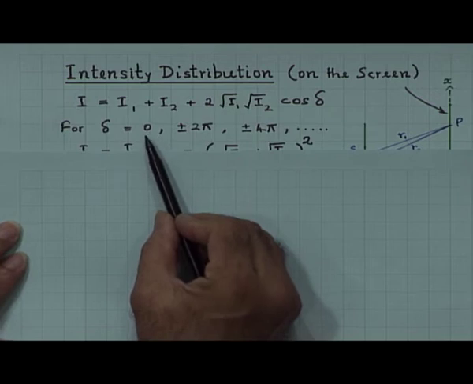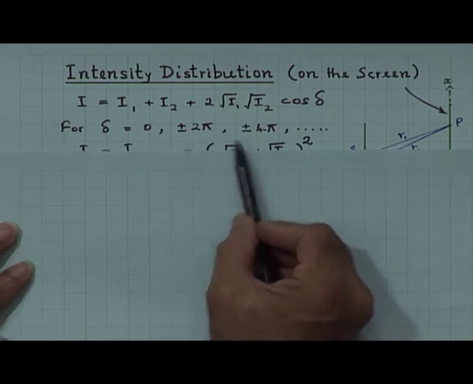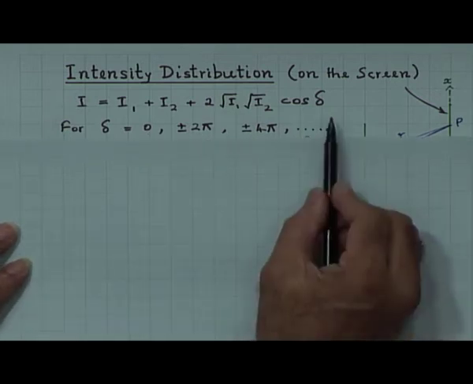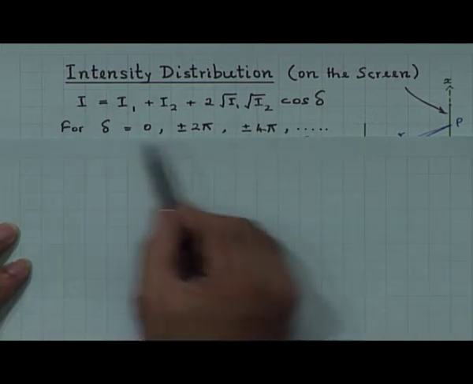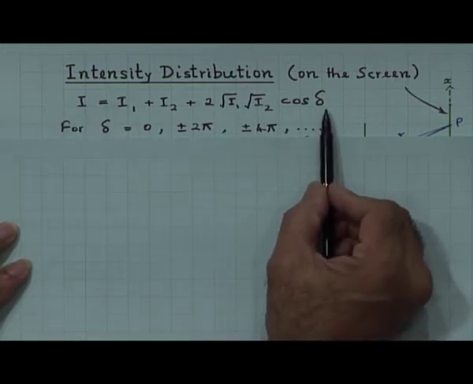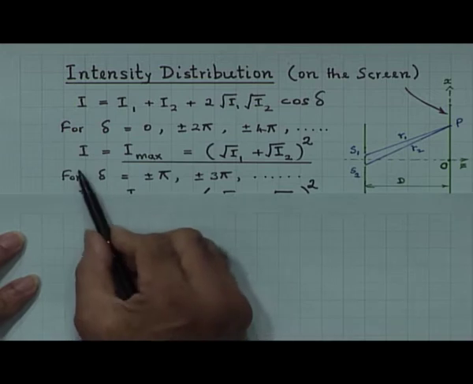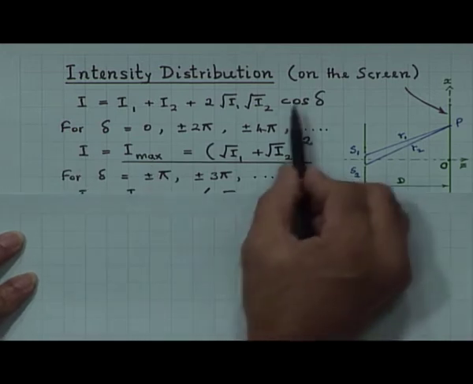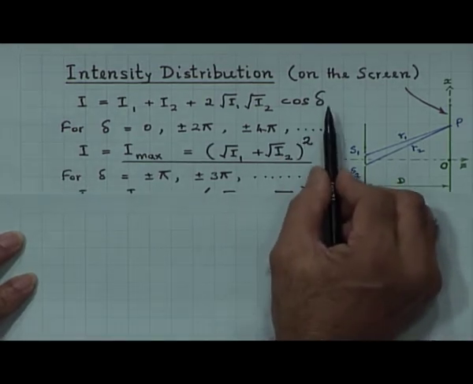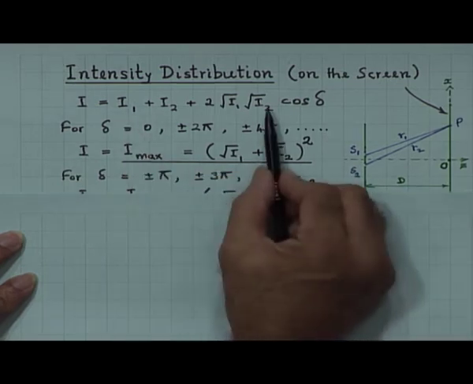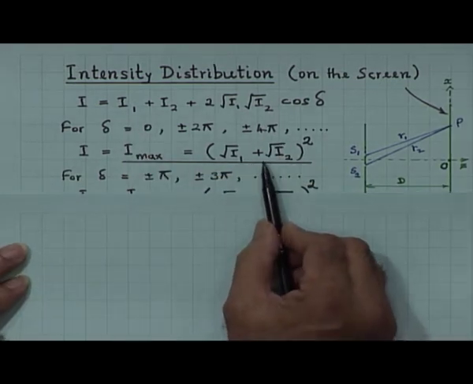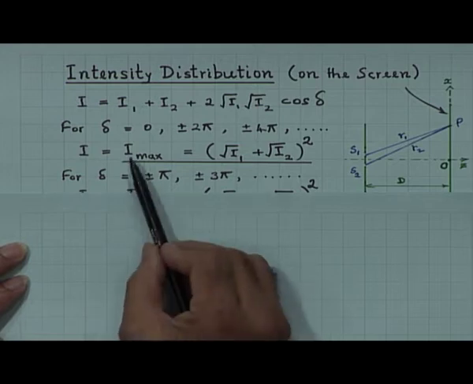For delta equal to 0, plus minus 2 pi, plus minus 4 pi, etc., directly looking at the mathematical formula here, we have I equal to I max, because cos delta is 1, and therefore this term is simply square root of I1 plus square root of I2, the whole square, I max.